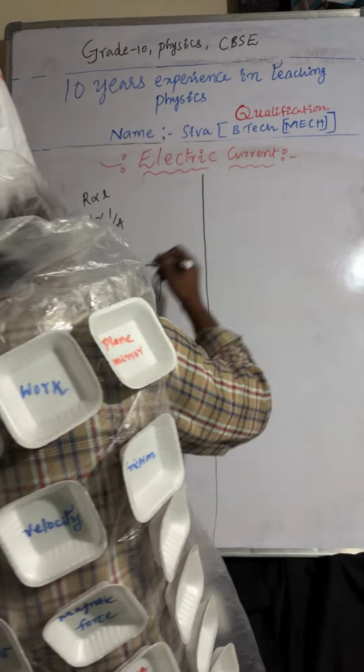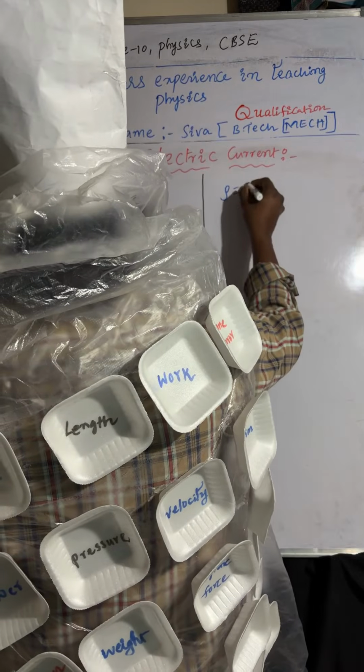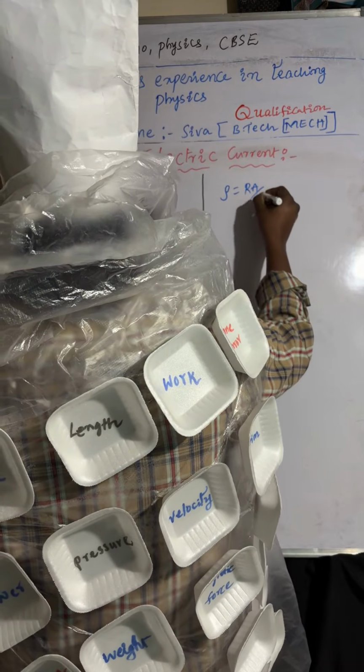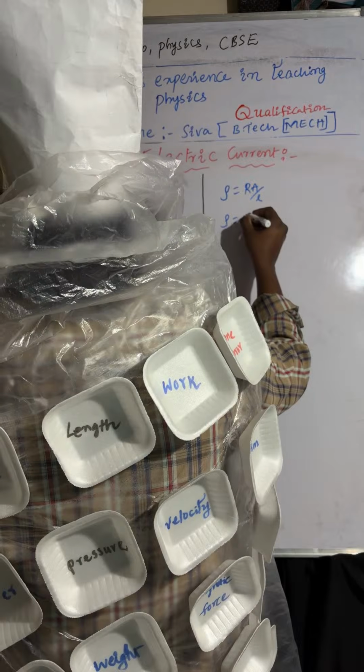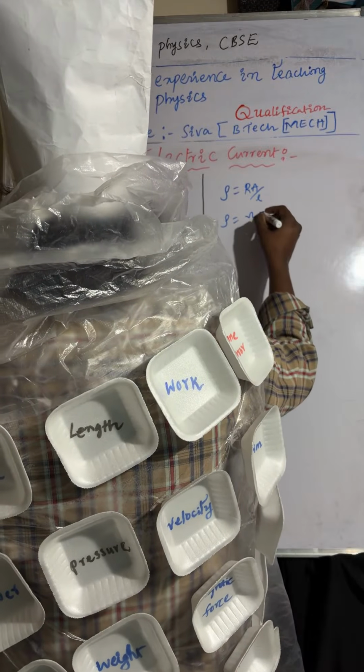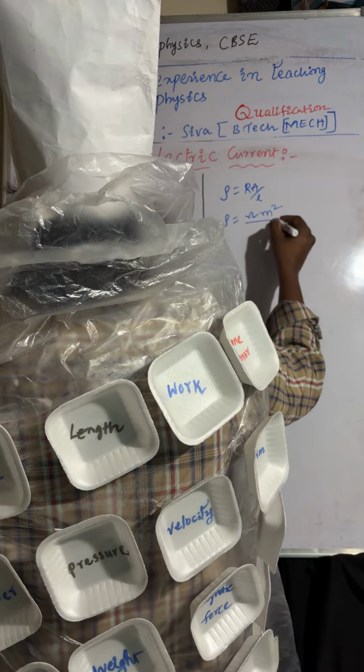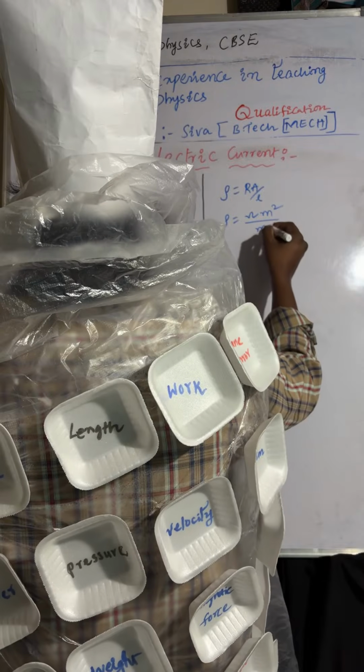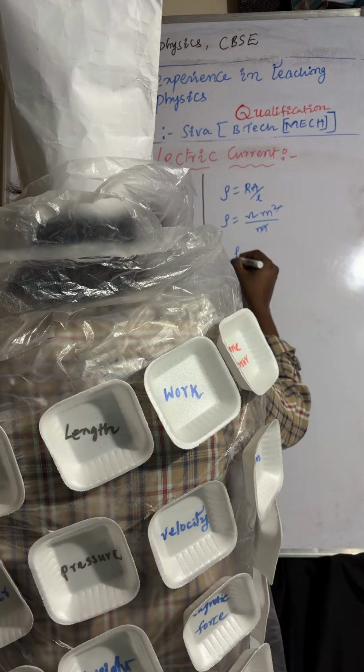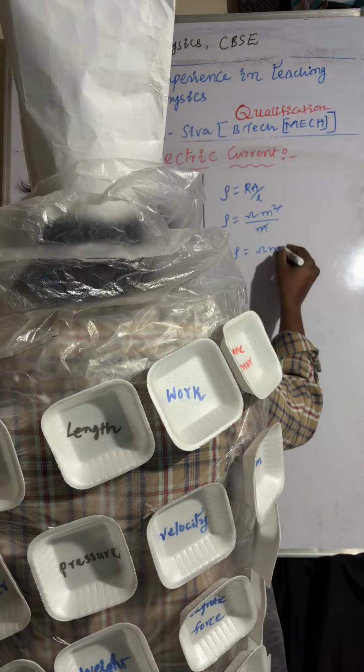Resistivity, rho, equal to RA by L. The SI unit of resistance is ohm, the SI unit of area is meter square, the SI unit of length is meter. So meter gets cancelled. Rho equals ohm meter.